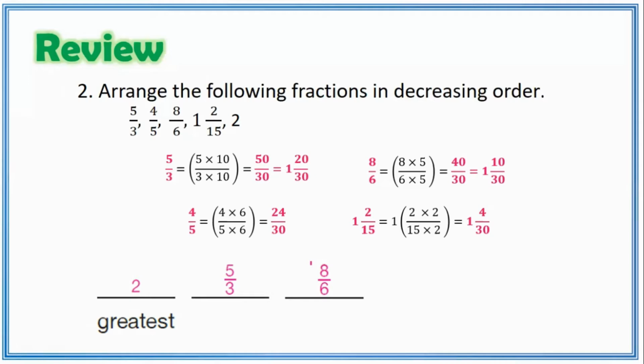Next is 1 and 4 out of 30, or 1 and 2 out of 15. And the smallest number is 24 out of 30, or 4 out of 5. All right.